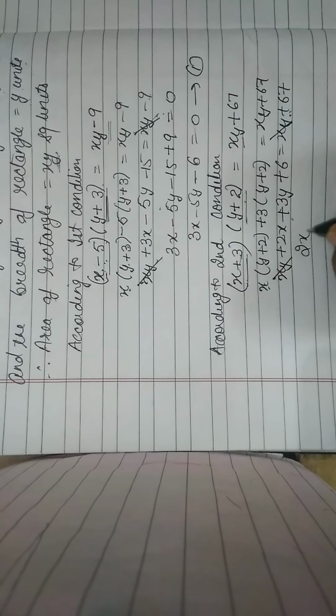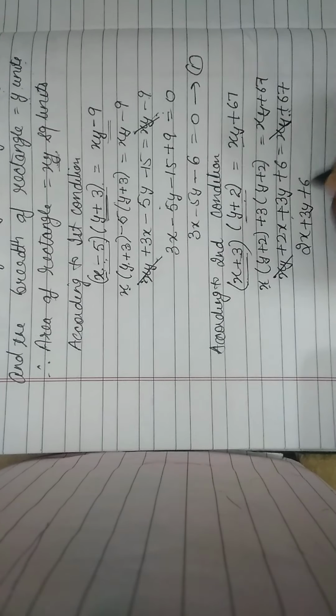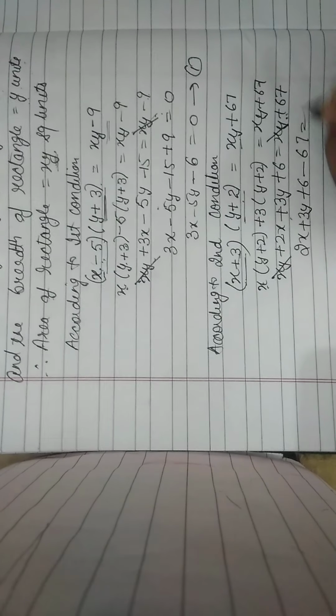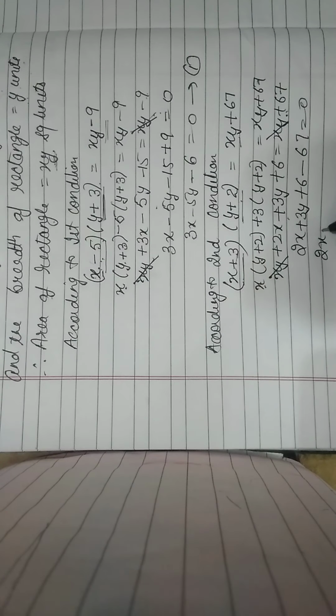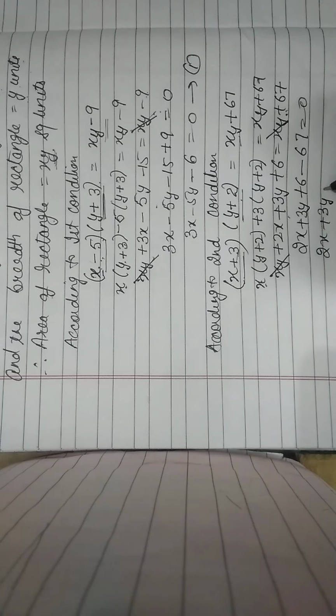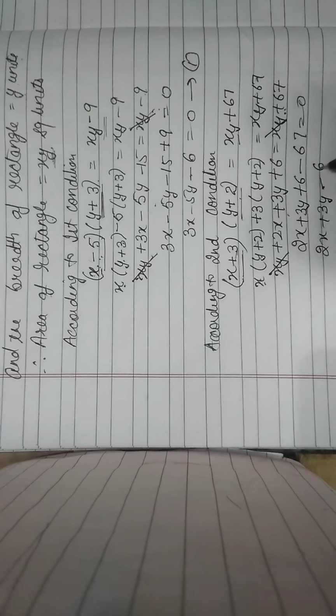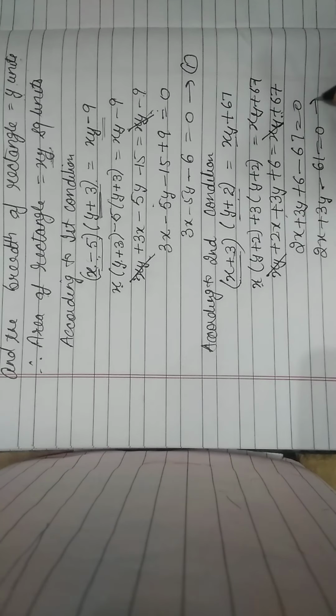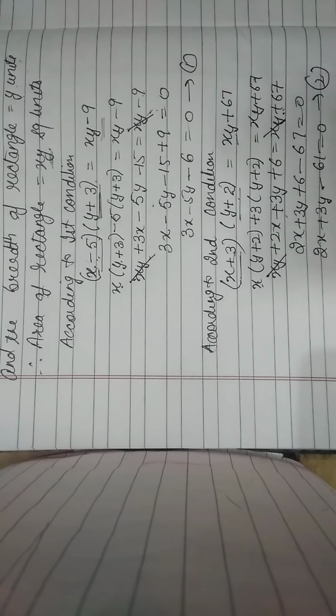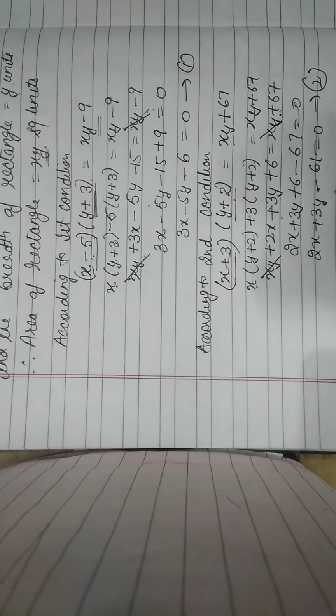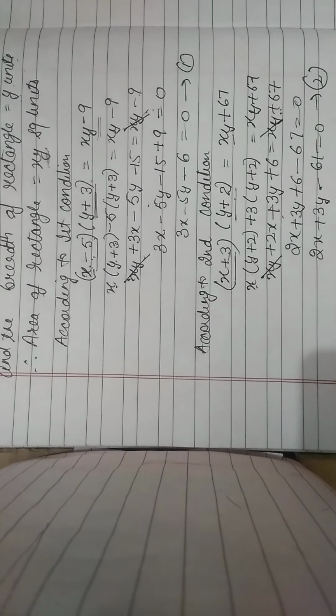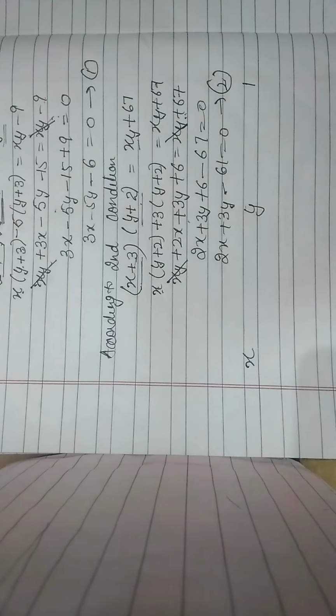Now 2x plus 3y plus 6 minus 67 equals 0. This is written as 2x plus 3y minus 61 equals 0. This is the second equation. Now we solve the first and second equations to get the values of x and y.